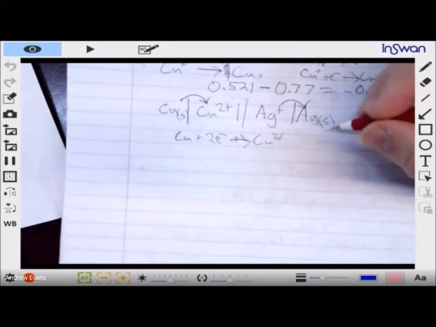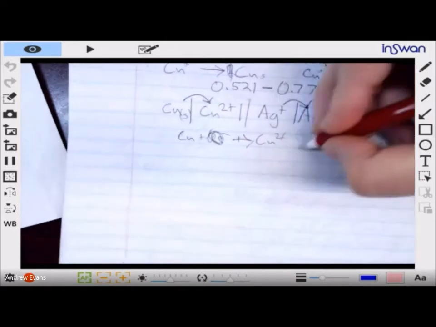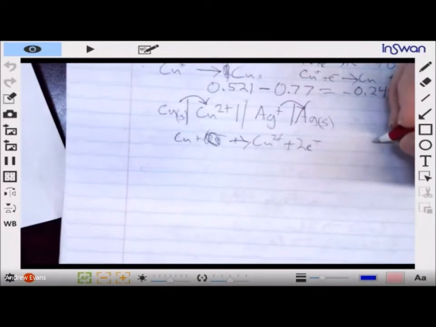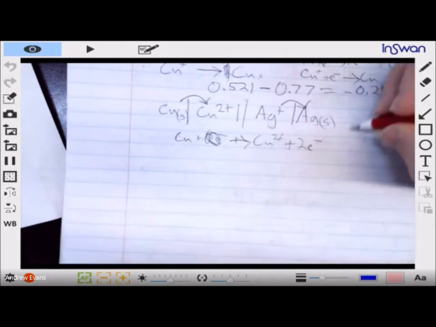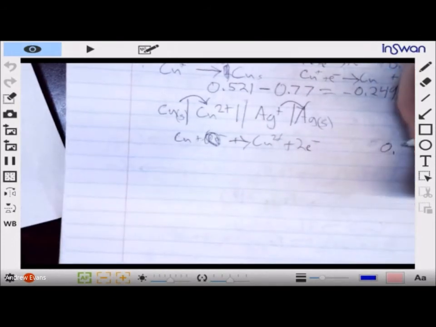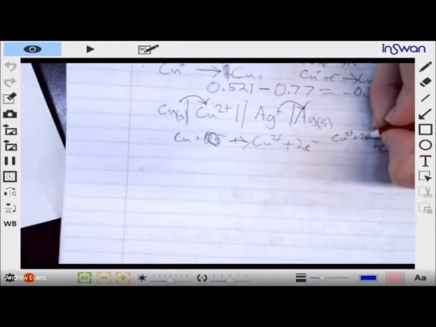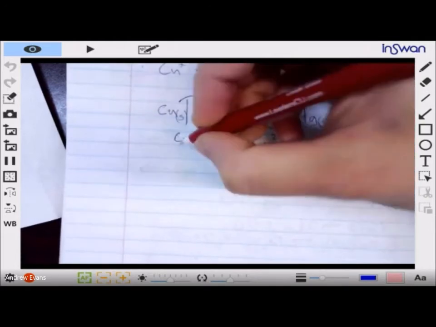Once again, the reverse of this is 0.15 volts. The reverse, Cu2+ plus 2 electrons, is 0.15 volts.